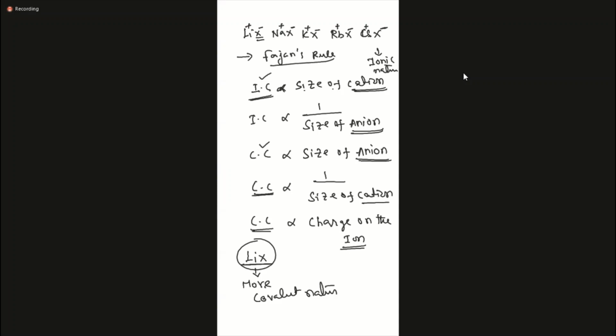Please listen. Now I am taking LiX, NaX, KX, RbX, CsX. I already told you X minus with Li plus, X minus with Na plus, X minus with K plus, X minus with Rb plus, X minus with Cs plus. So based on anion, we can't calculate whether it is ionic character or covalent character, because the anion is the same everywhere.